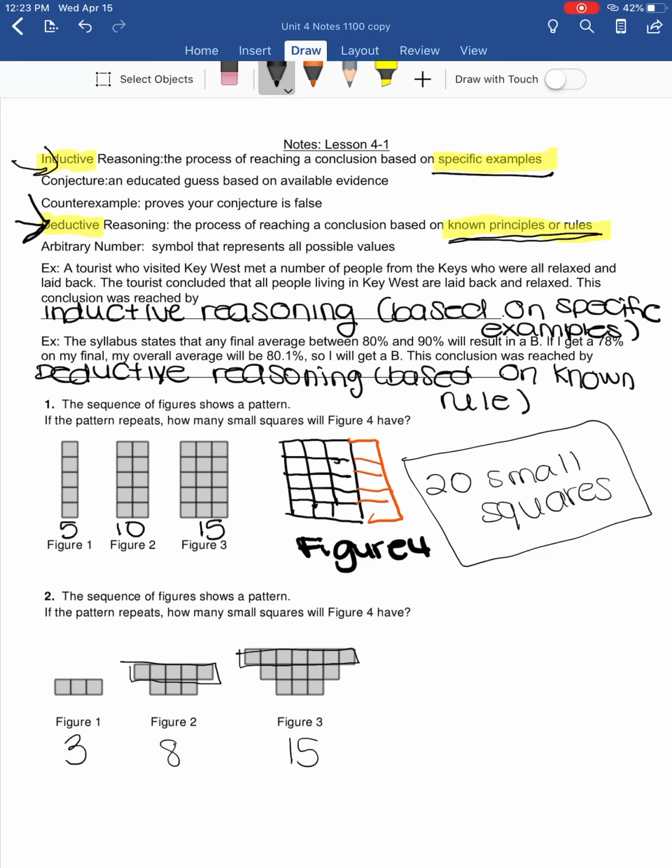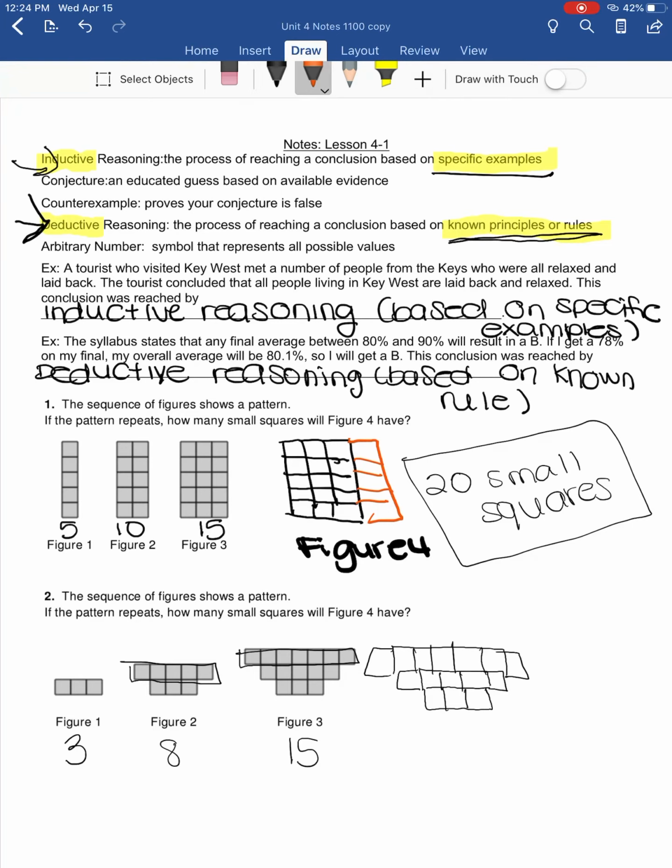So let's redraw figure 3. Then I have the same 3, adding 1 on each end. And then I have the same 5, adding 1 on each end.